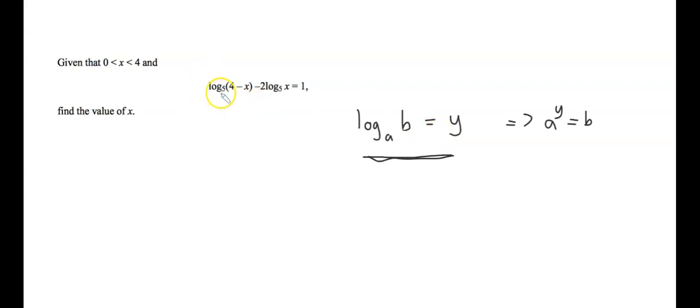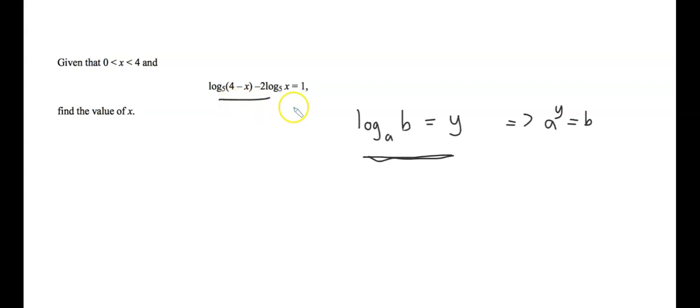So at the moment we've got 2 logs is equal to a number, but we want to get to 1 log equaling a number. So we want to think of the relevant log rule to use that will convert 2 logs into 1 log, and then we can remove the log. So that is the method here, 2 logs to 1 log, and then we can remove the log.